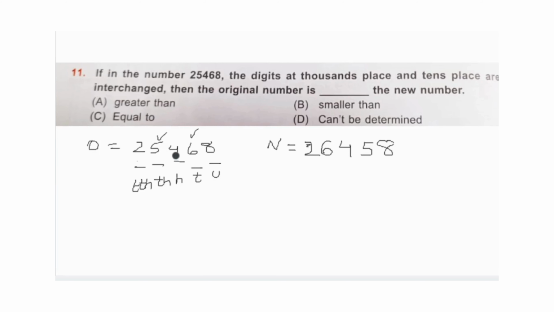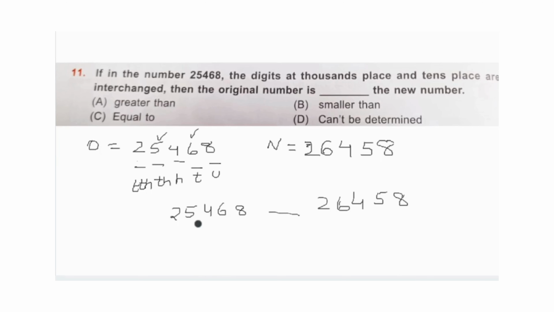So the original number is this, the new number is this. Now the question is, the original number is dash the new number, which is either greater than, smaller than, equal to, or can't be determined. So let's write the original number first, which is 25,468, and the new number here, which is 26,458.